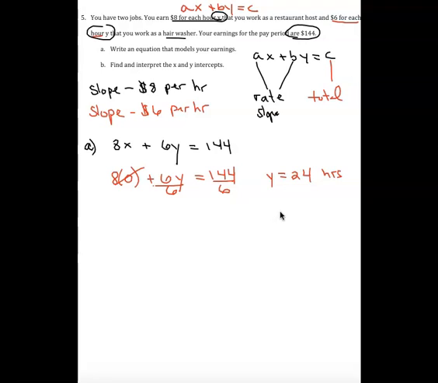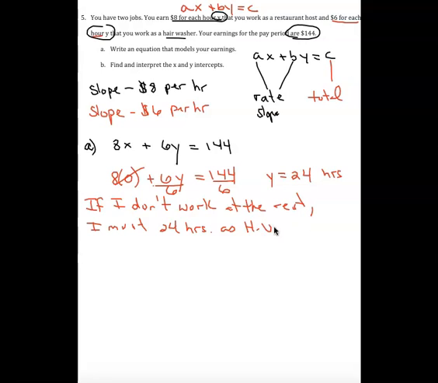So, interpret. If I don't work at the restaurant, comma, I must work 24 hours as a hair washer.